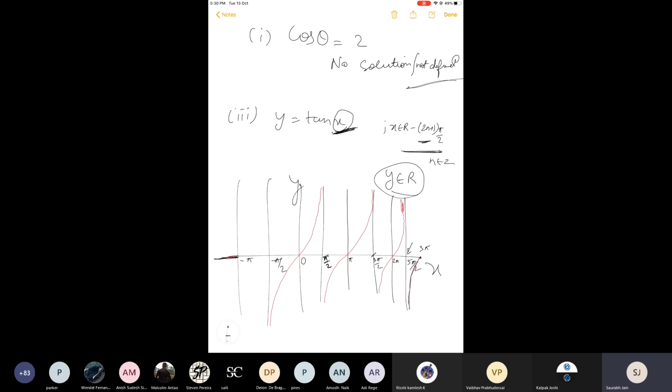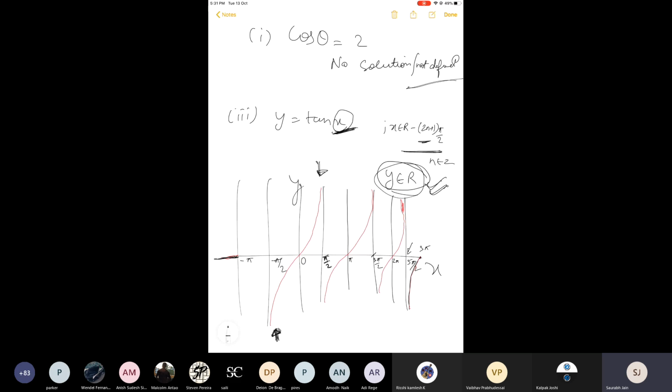And as you can see that y belongs to R. Y belongs to R means that y can achieve all the heights. R actually means minus infinity to infinity. So you can see this red curve, not line, is coming from below, starting from minus infinity, and it is reaching till this point, which is actually plus infinity, because this graph is not ending here.